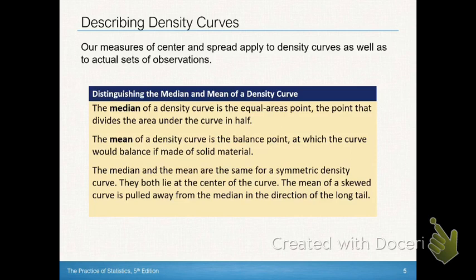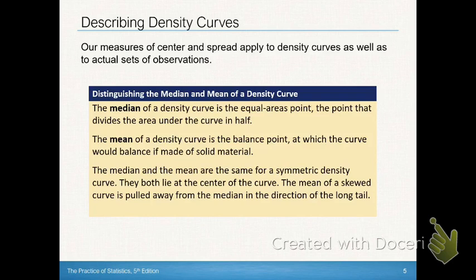In a density curve, the median is the point right in the middle of all of the area, so that you would have 50% of the area below that point and 50% above. The mean is sort of like a balance point. So if you could physically cut out the density curve out of a piece of wood or something and you tried to balance it on the tip of your finger, that's where the mean would be.